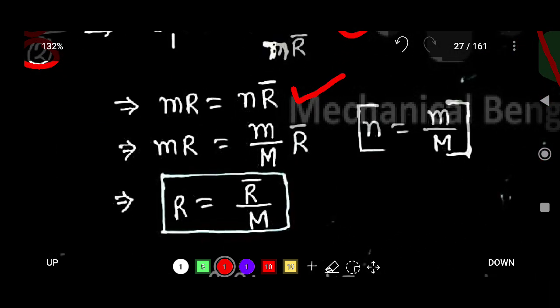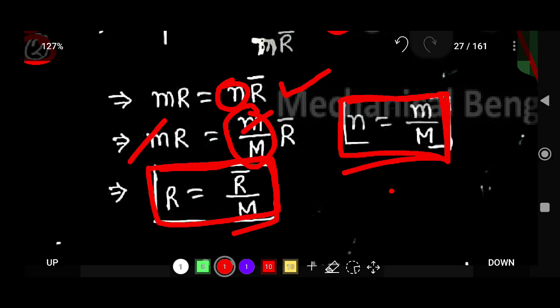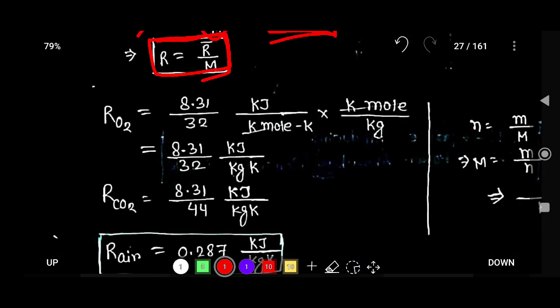Now we know that n equal to m by M. So for mR, replace this value: m by M into R bar. So m cancels out, and R equal to this formula, this is very important: R equal to R bar by M.